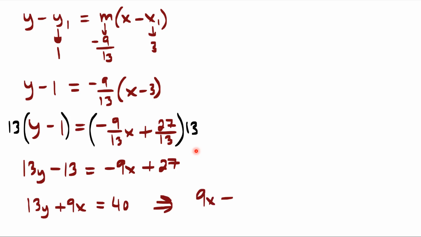And for standard form, we write the x first, followed by the y, followed by the equal sign, followed by the constant. Looking at that, it looks like, I've got to find it here. It's the same. Yes, 9x plus 13y equals 40 is what I have there.